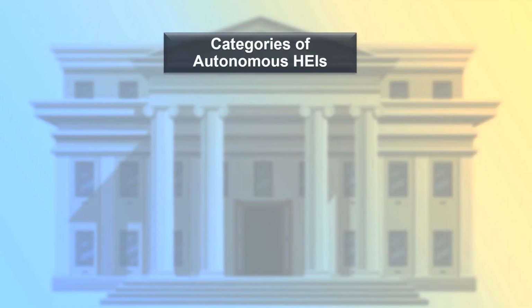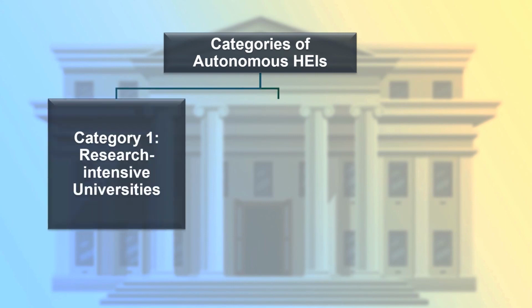According to this policy, there will be three categories of autonomous HEIs, that is higher educational institutions. Having equal emphasis on teaching and research, that category is research intensive universities.